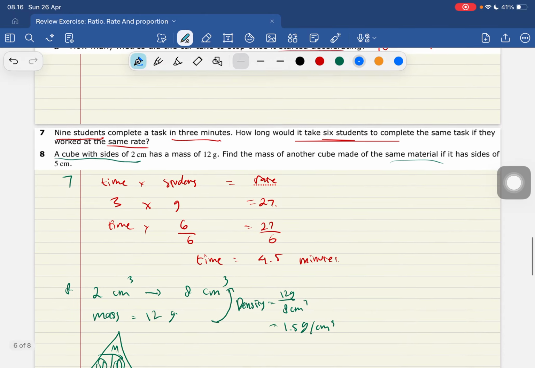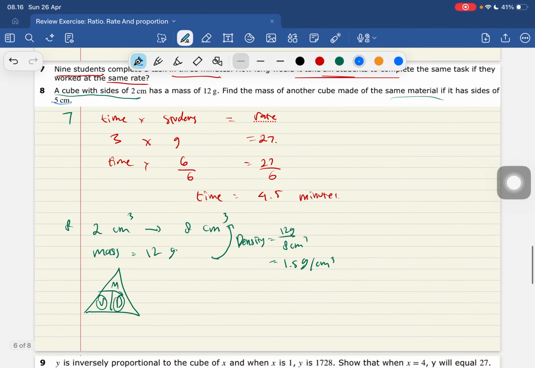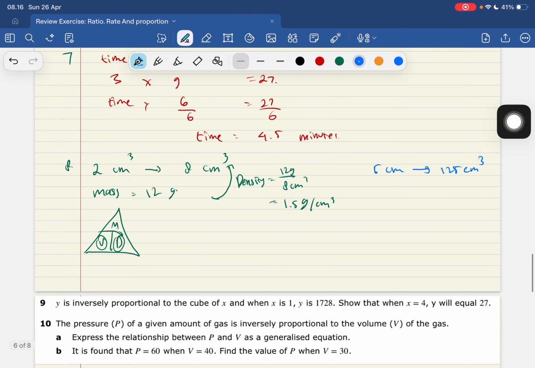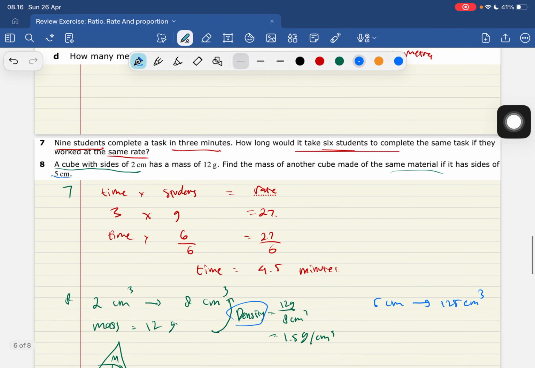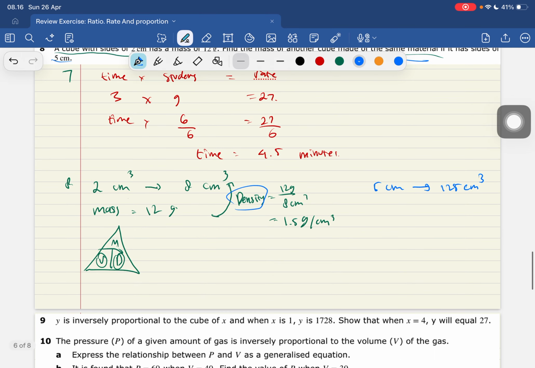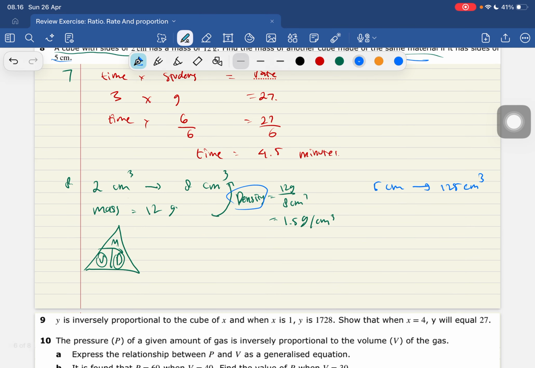Okay, the second cube has 5 centimeters. So this is 5 centimeters. The volume is 125 centimeters cubed. The densities are equal as they are made from the same material, but we don't know the mass.